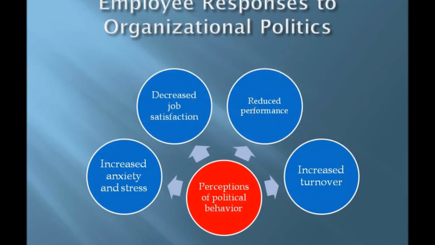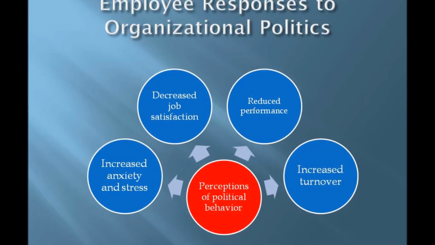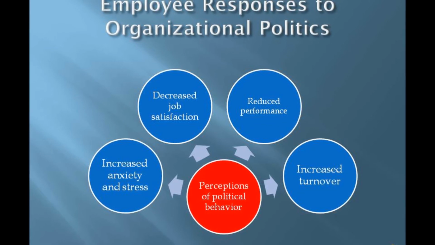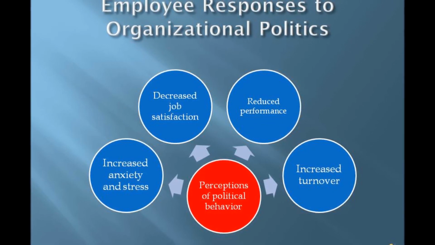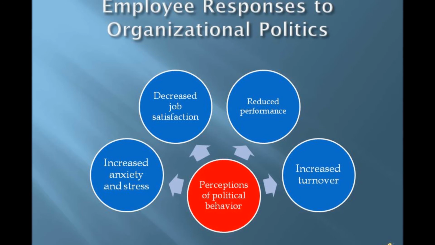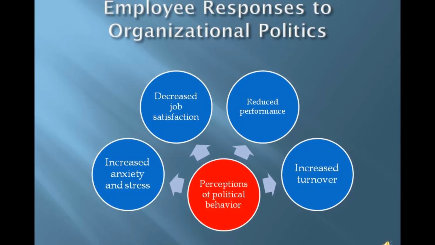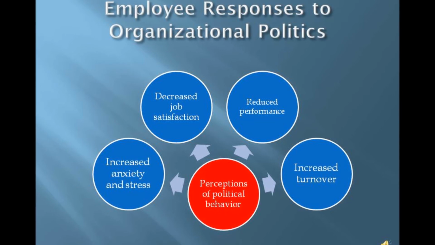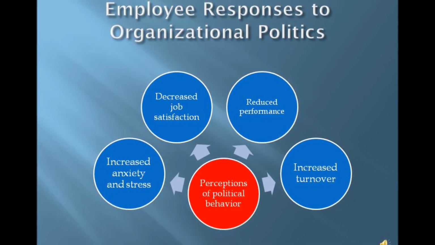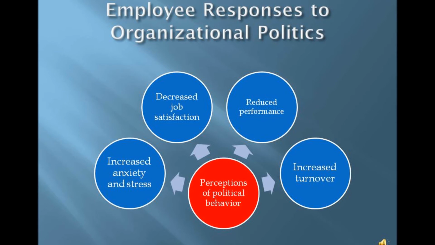There has been extensive research on the relationships between organizational politics and individual outcomes. Very strong evidence shows that the perception of organizational politics is negatively related to job satisfaction, job anxiety, and stress, as well as performance, including turnover.